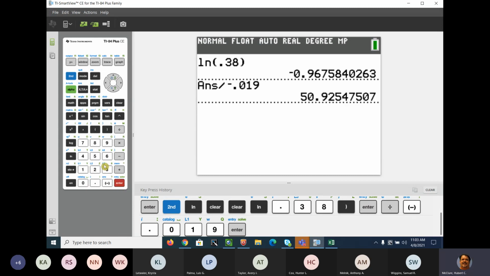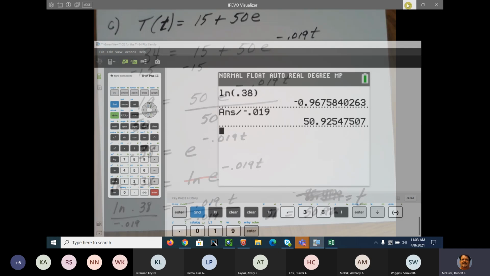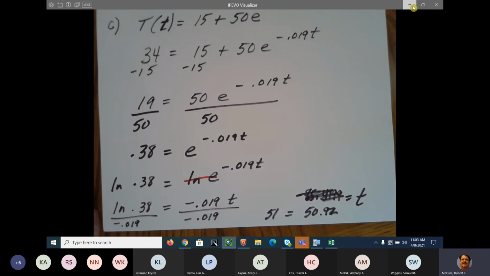And that's why you got 50.92. Thank you, Miss Holcomb. So it takes 51 minutes, close to an hour, for it to drop down to 34 degrees. 50.93.